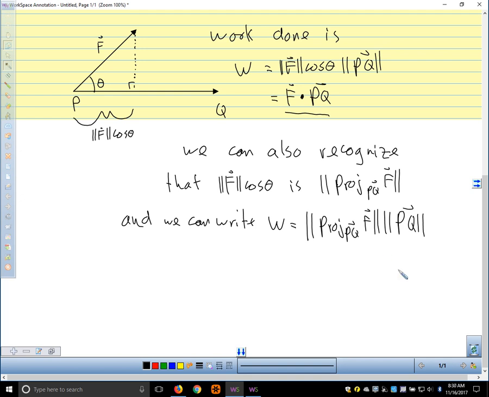So this is just another notation that you will occasionally see for work when the force is not in the direction of motion. For the most part, we'll always use this. You might see this in textbooks sometimes.